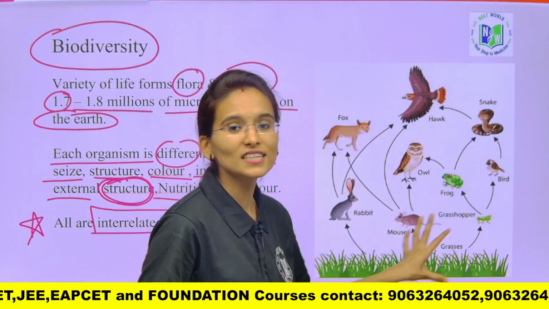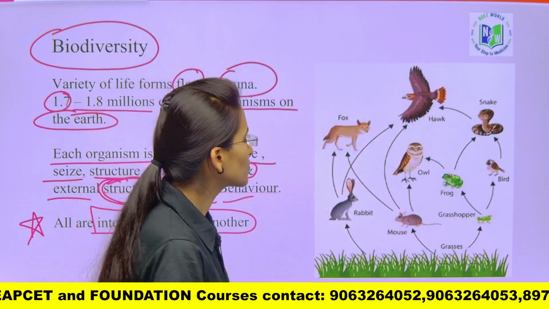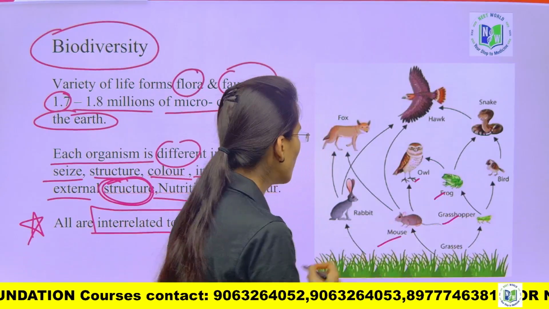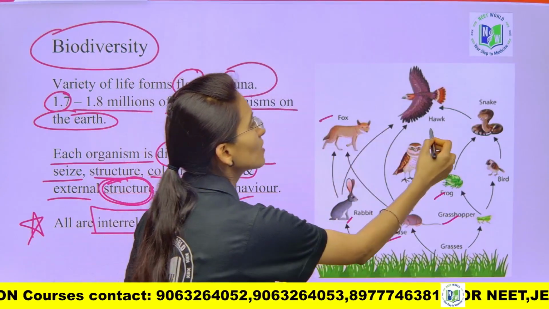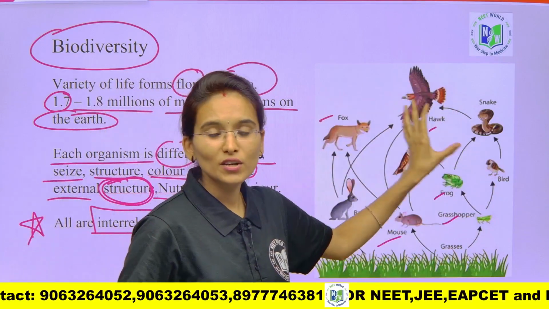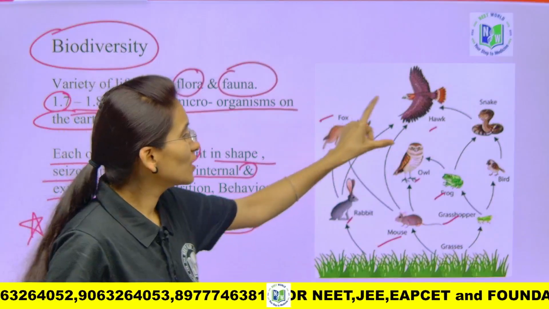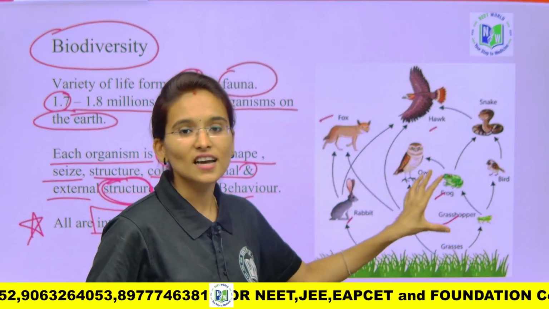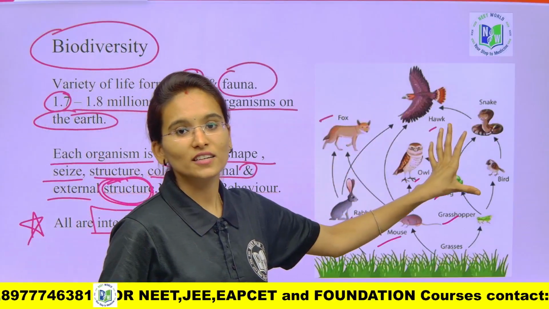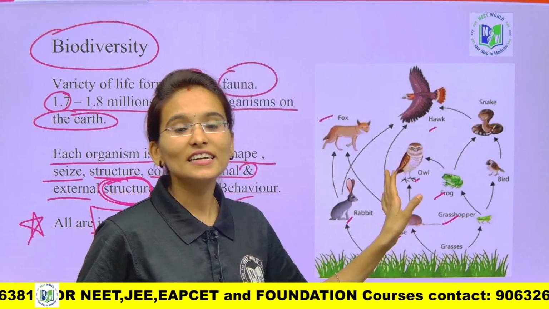Here we can see a variety of organisms: the mouse, grasshopper, frog, owl, rabbit, fox, hawk, different types. Here all are living together, and each organism is different in size, shape, structure, mode of nutrition and color, but all are interrelated.